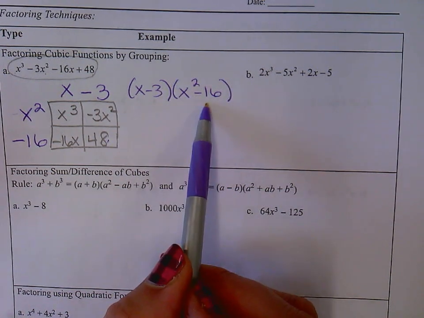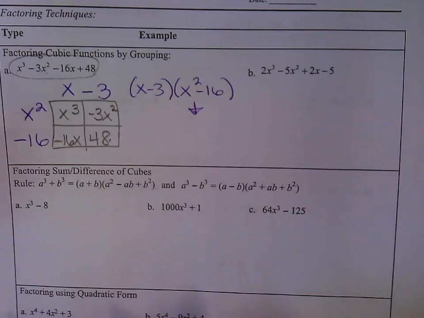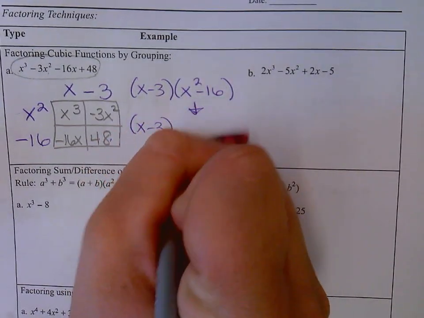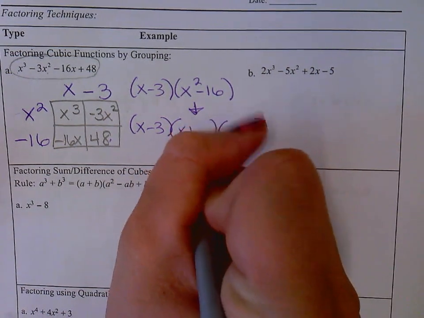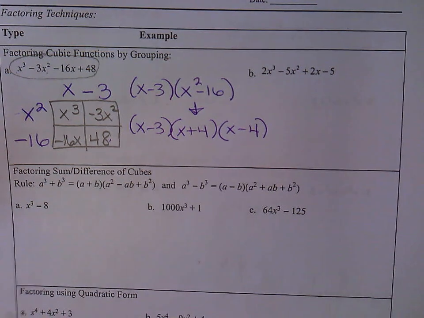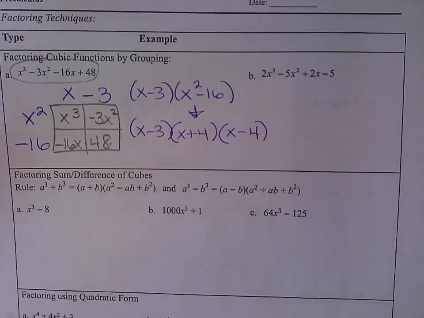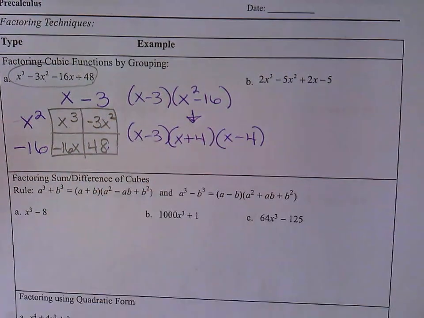So if it says factor completely, you need to take this binomial one step further. So you really have x minus 3, and then you have x plus 4, x minus 4, because that is that difference of squares. So with cubic functions, you might end up with just 2 factors or 3 factors.